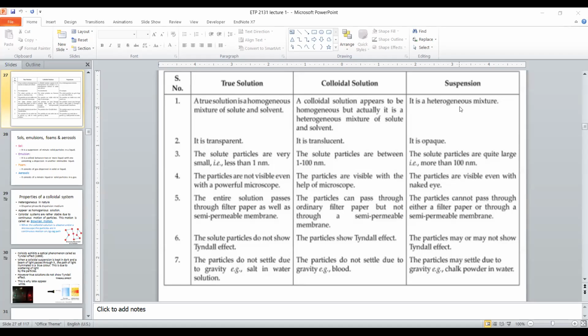If they are something like proteins and fats, which is lower weight, you can go up to 1000 nanometers in particle size. And the suspensions, you have bigger particle size. Usually for inorganic substances, it is more than 100. But for milk and latex type of particles, it's more than 1000 nanometers.